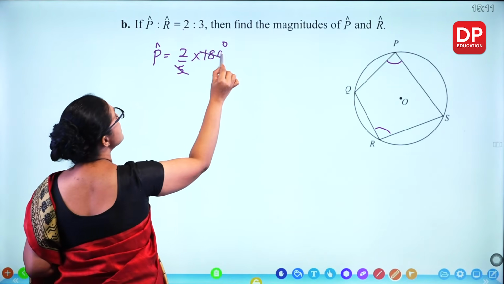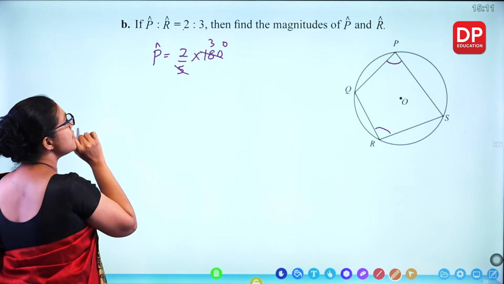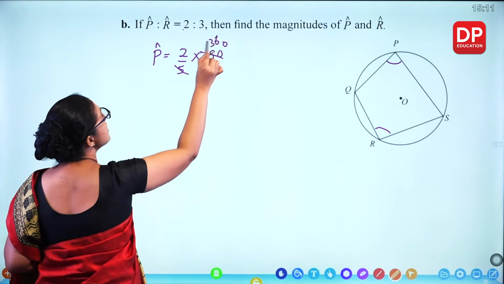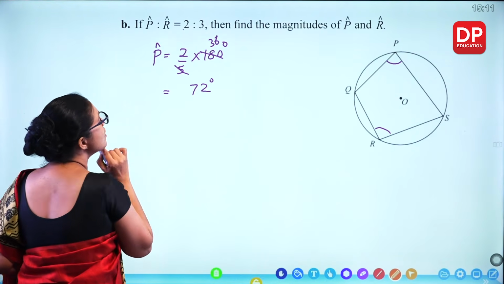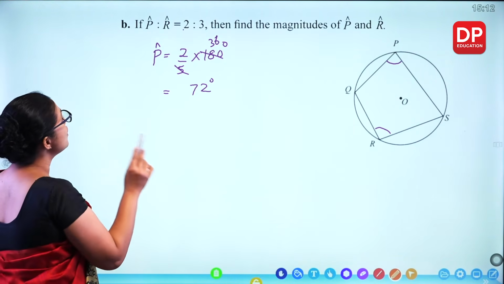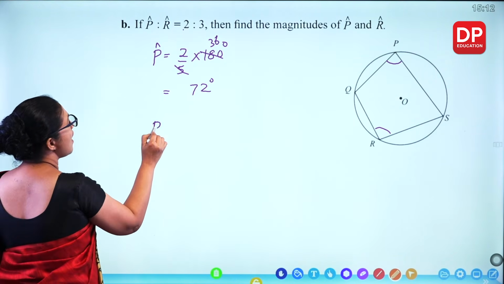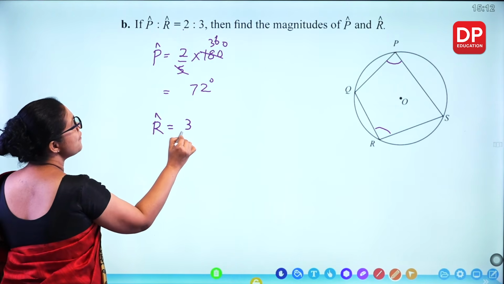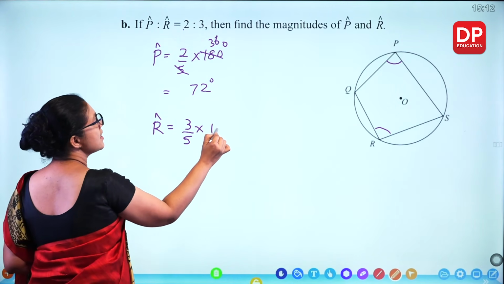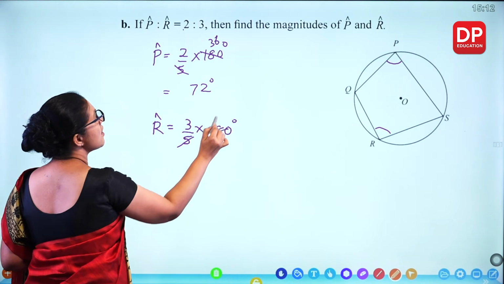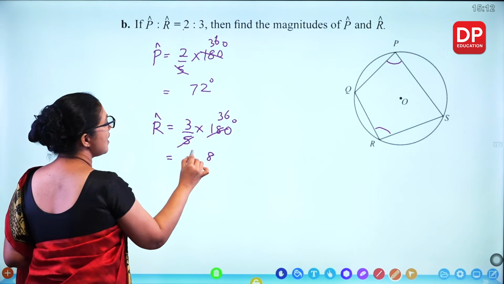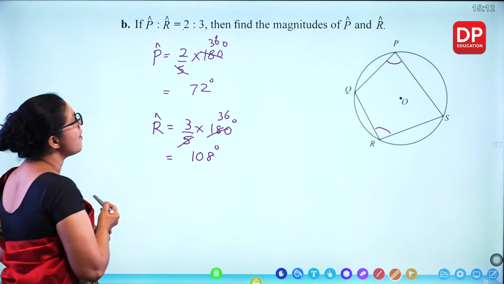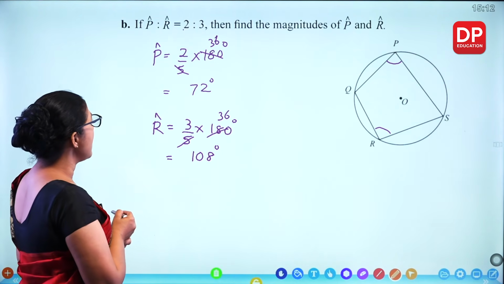So 5 times 36 is 180, 36 times 2, 72 degrees. So we need to find out R. What's R? 3/5 of 180. So 36 times 3, 108. So our angle is 108.